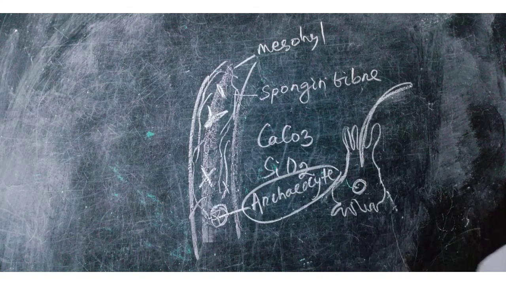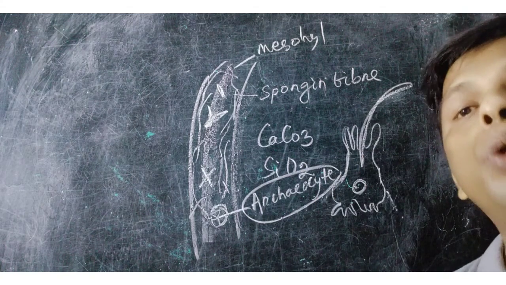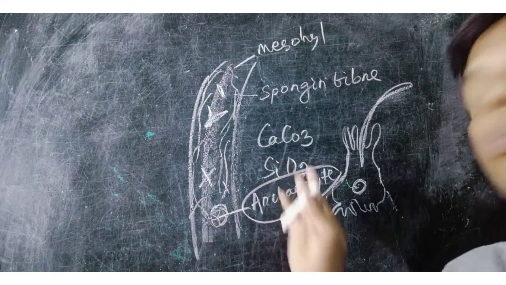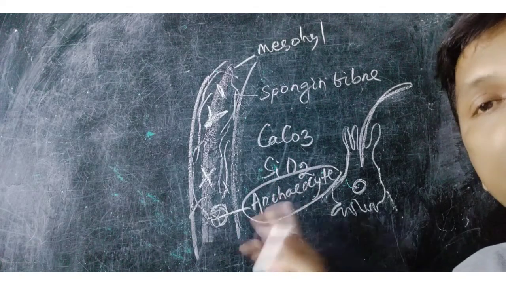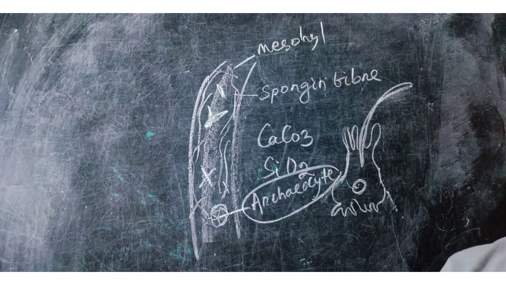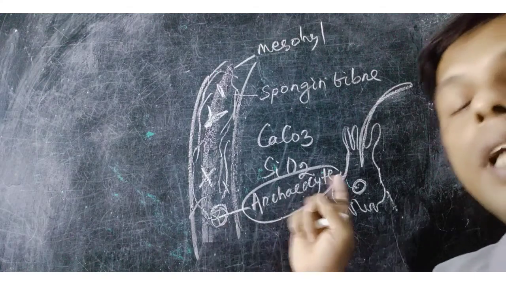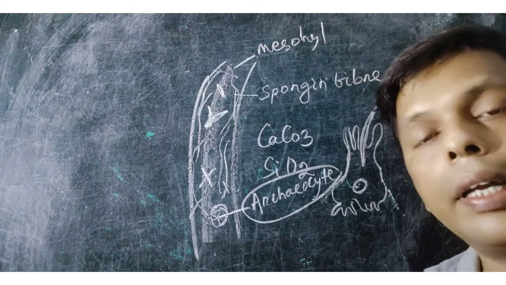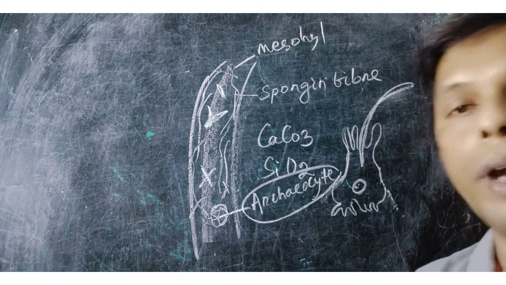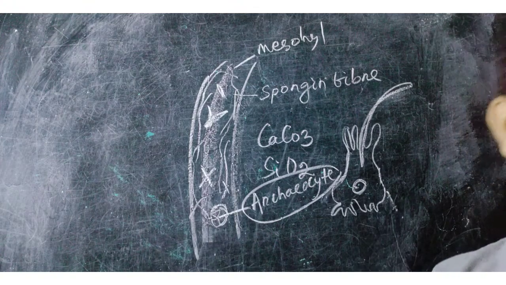This archaeocyte cell is a totipotent cell. Among all amoebocytes, the archaeocyte is the most important totipotent cell, with important functions in the internal body and in gemmule formation. We have to read it in reproduction.